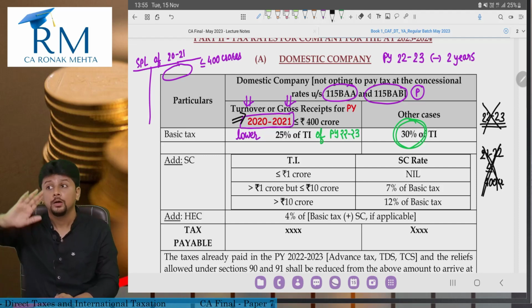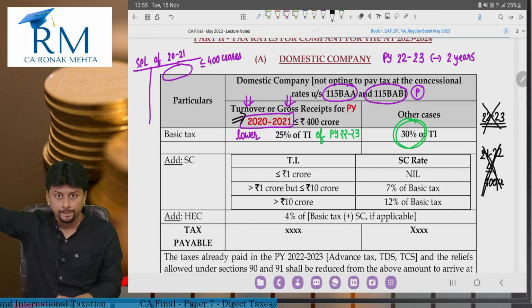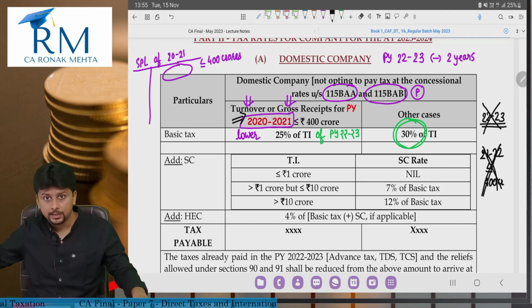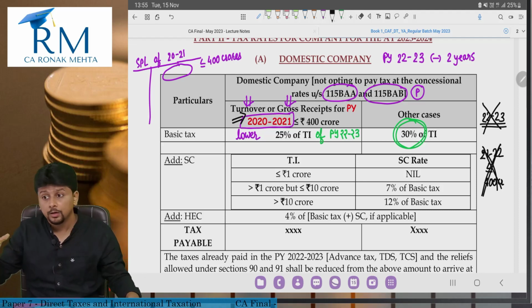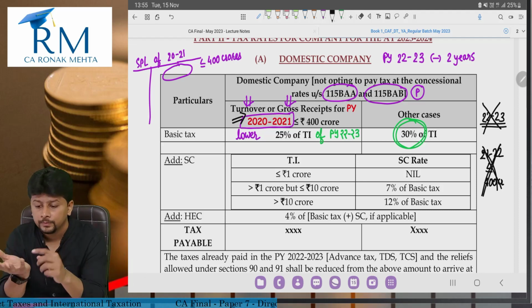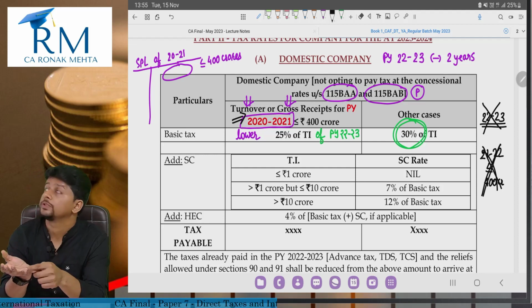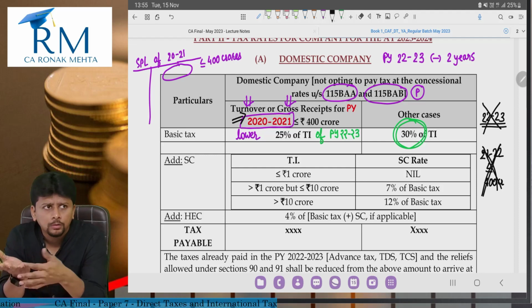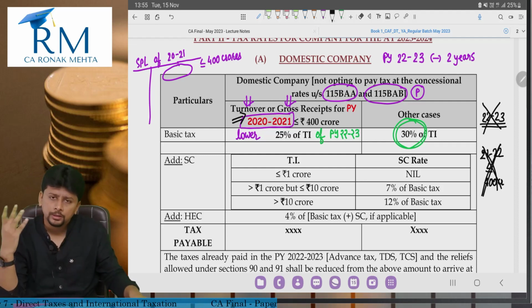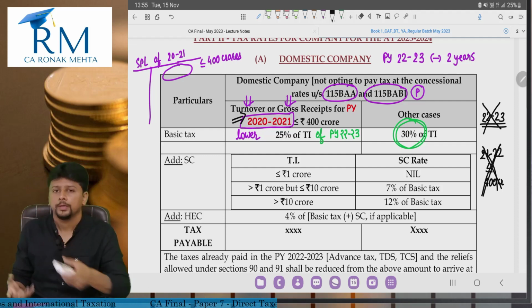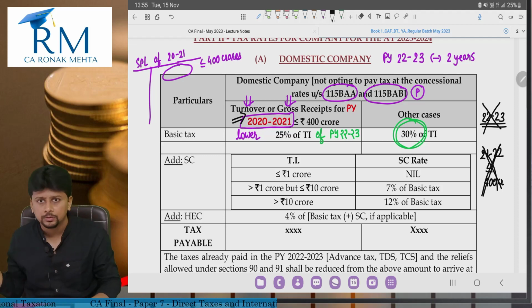So if you are a company that large, having turnover above 400 crore, Reliance Industries Limited, Infosys, all group companies of Tata, Bajaj, their turnover runs into thousands of crores.